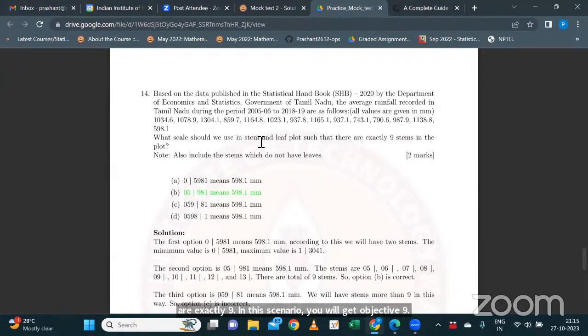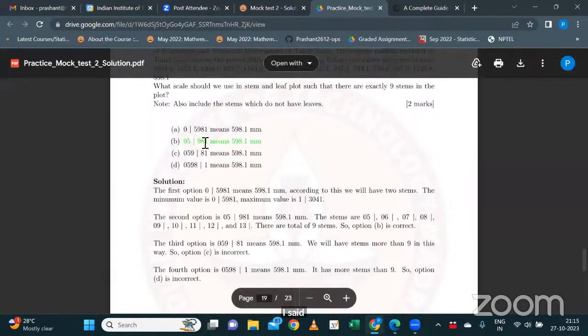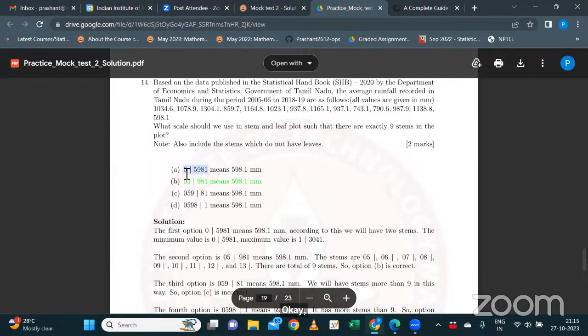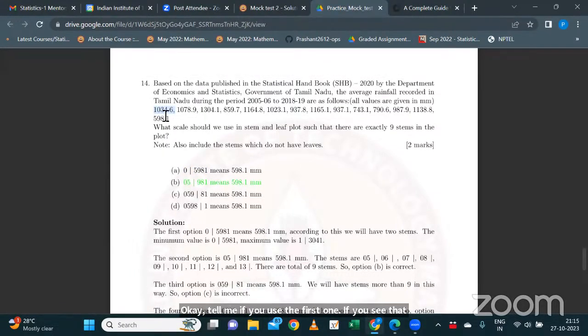To get exactly 9, if you try the first option, you are not going to get exactly 9 stems, right? Why, sir? If you use the first one, the first digit has to be taken as the stem. So there will be only either 1 or 0 as a stem, right?